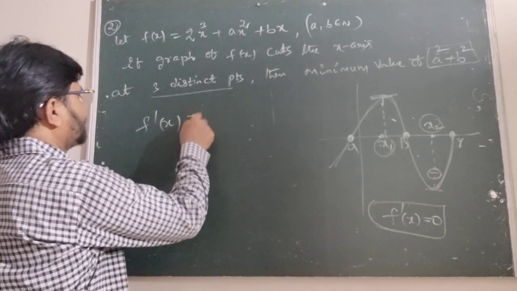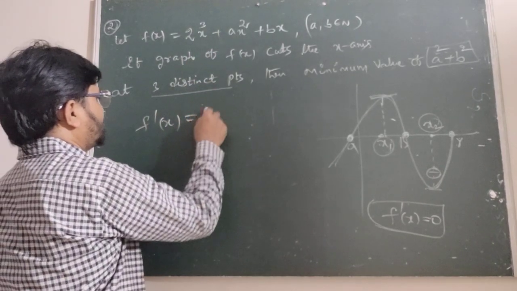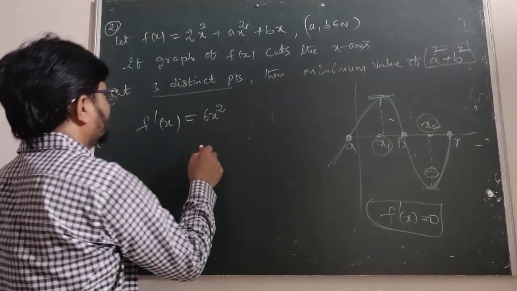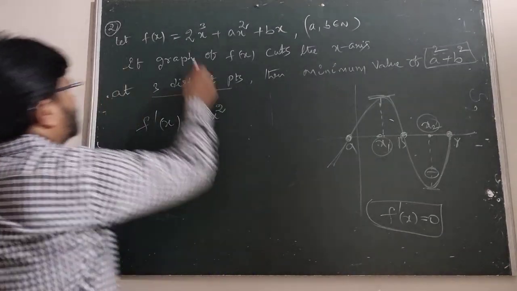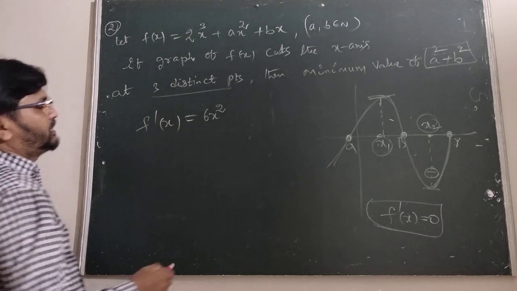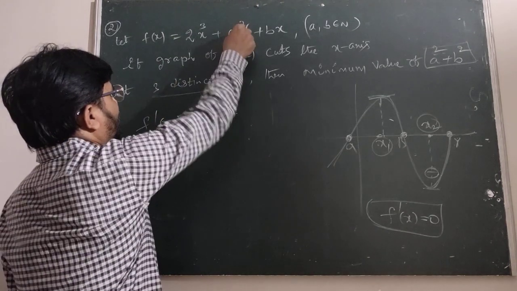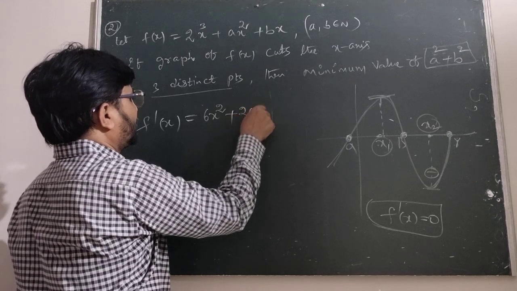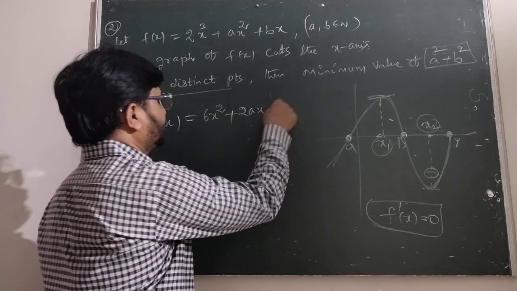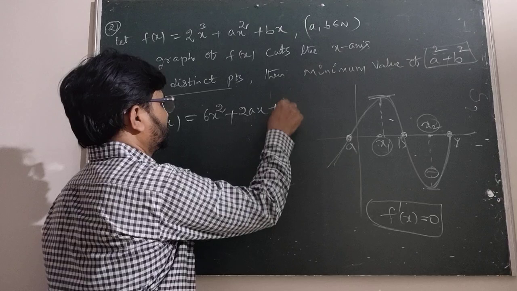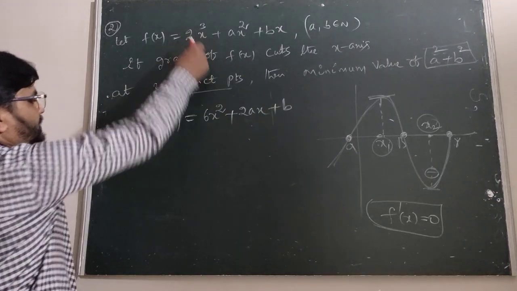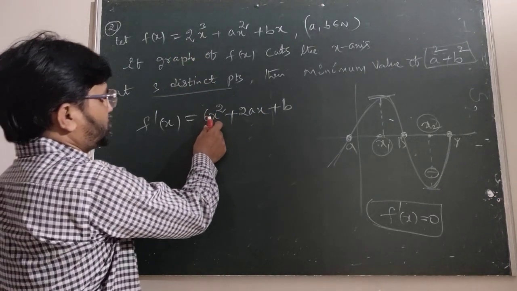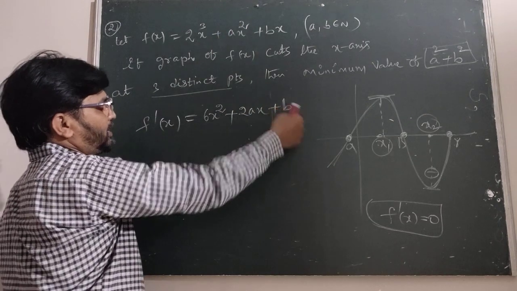That is 6x square, plus 2ax, plus b. So f dash of x is 6x square plus 2ax plus b.